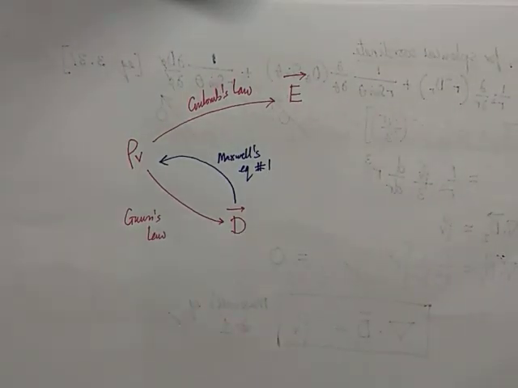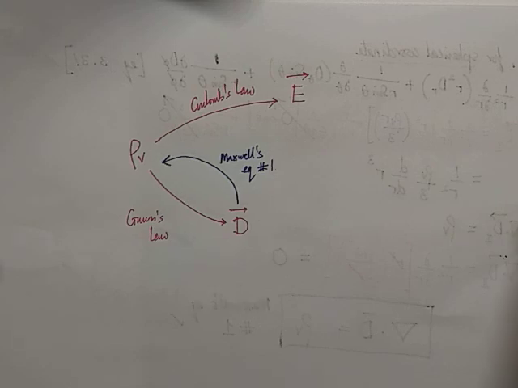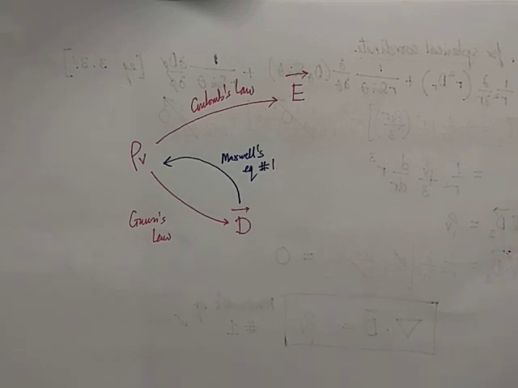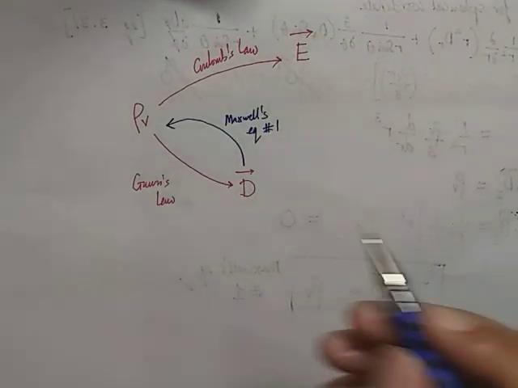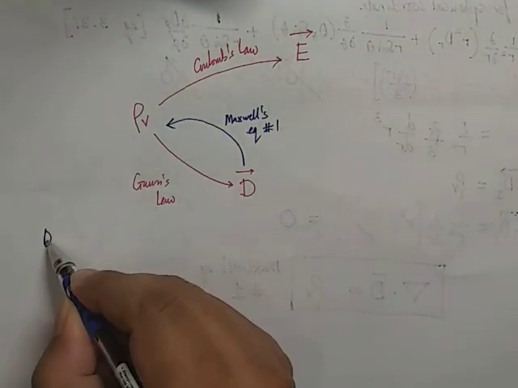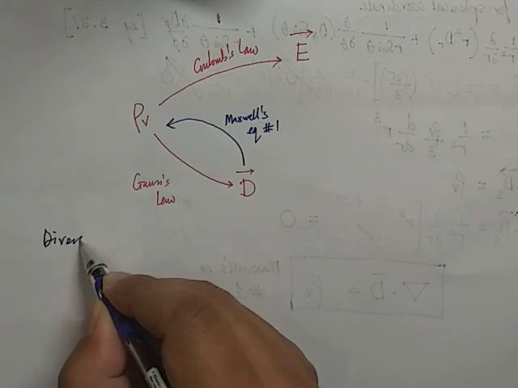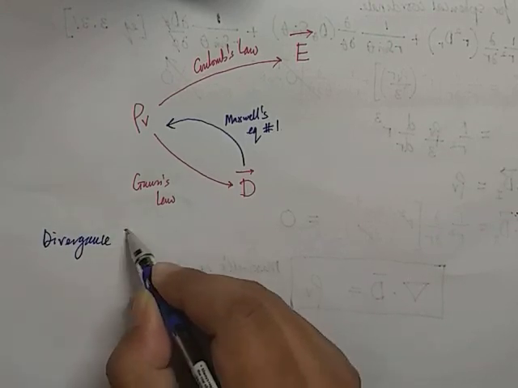So that's what we can conclude based on the discussion we have had regarding the electrostatic domain. I'm going to end the discussion with another important mathematical model. We call that model the Divergence Theorem.